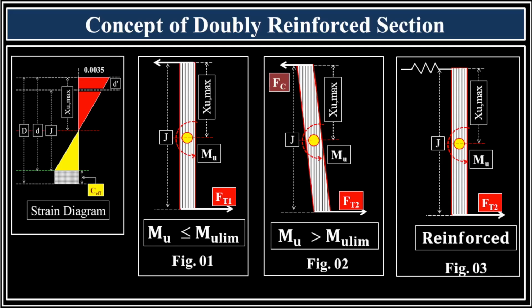The design process then involves calculating the required area for both the compression and tension reinforcement to complete the design. Let's move to the next slide for more detailed explanations and calculations.